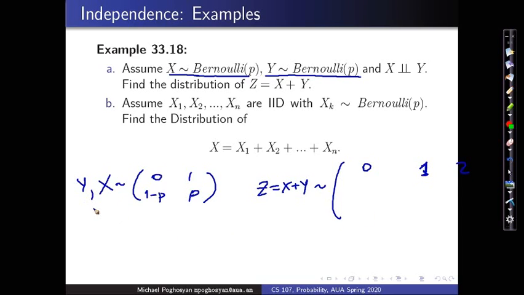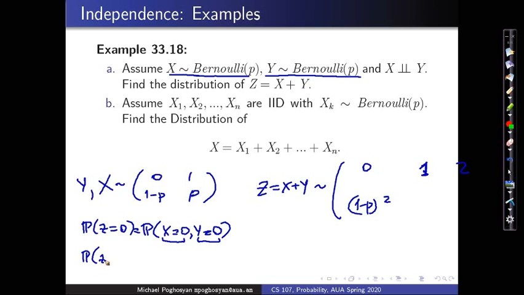Similar to the previous one, but we will find some nice formula for that. The probability that Z is 0 is the case when X is 0 and Y is 0. This is the product of individual probabilities, the probability that X is 0 times the probability that Y is 0. X is 0 with probability 1 minus p, and Y is 0 with probability 1 minus p. So we will have 1 minus p squared here.